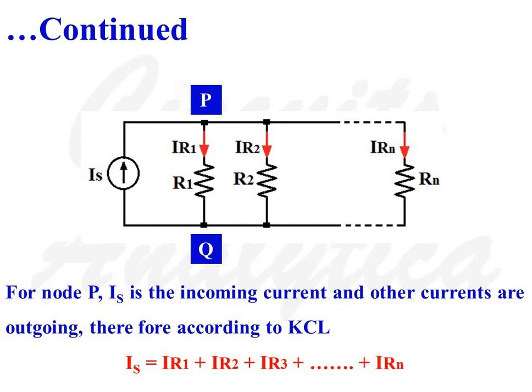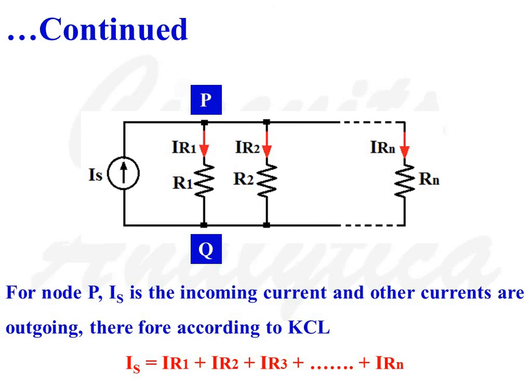So here this is a network which consists of a current source Is and n number of resistors R1, R2, R3 to Rn. Current flow through these resistors are denoted as IR1 flowing through resistor R1, IR2 flowing through resistor R2, and IRn is the current which is flowing through resistance Rn.